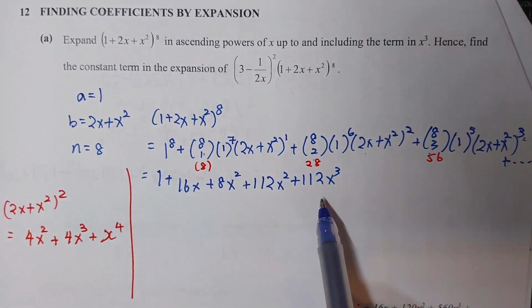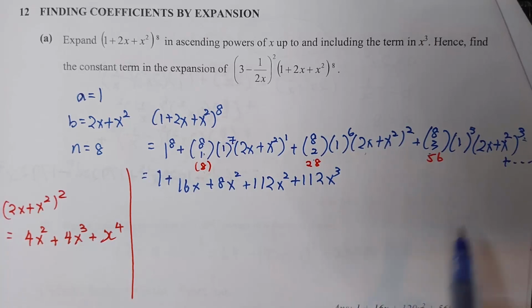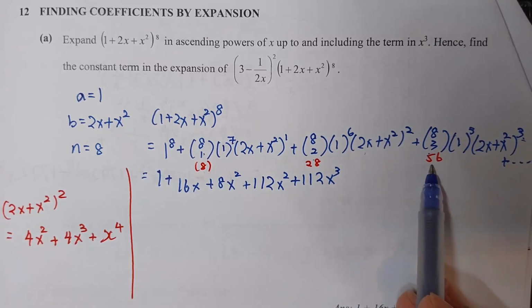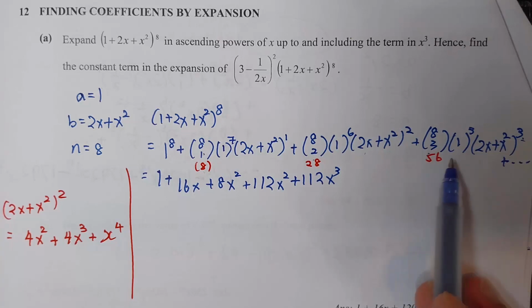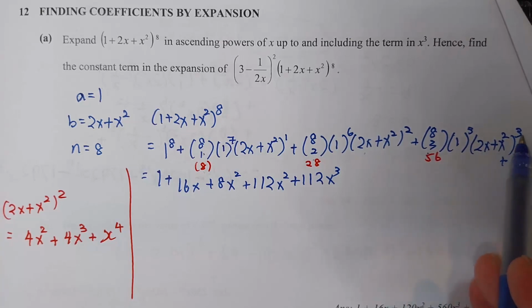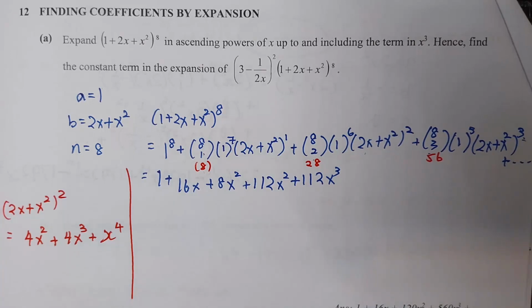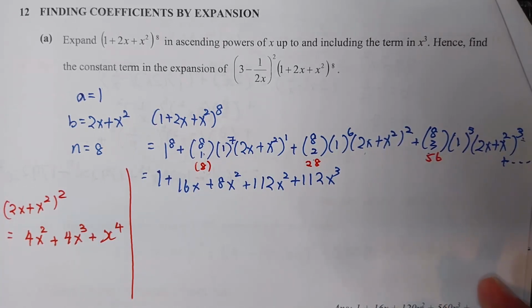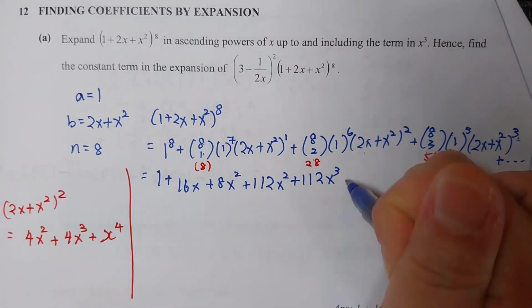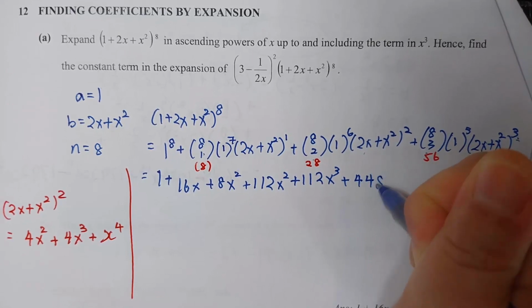Because we only want the terms up to x cubed, so you don't have to write it down. Finally, we have 56 multiplied by 8x³. Again, 56 multiplied by 8x³ gives us 448x³.